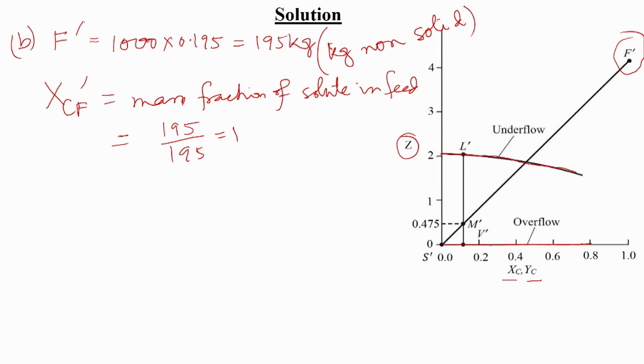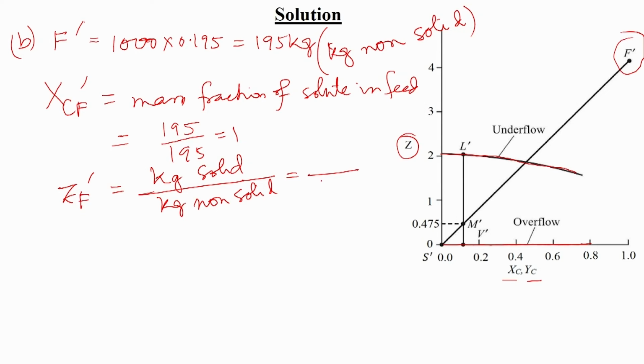Okay, XCF. And then ZF prime, which we derived as kg solid by kg non-solid. That is the convention. Here kg solid means, out of this 1000 kg, 195 kg is the kg non-solid. So it is 1000 minus 195, that is 805, and it is coming out as 4.13.